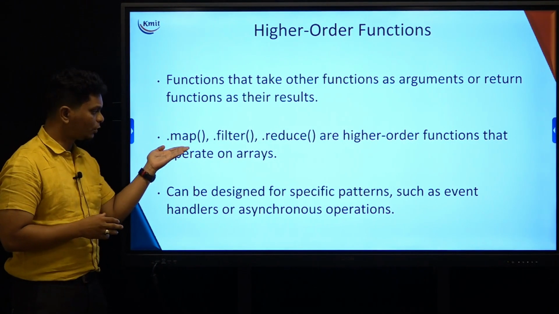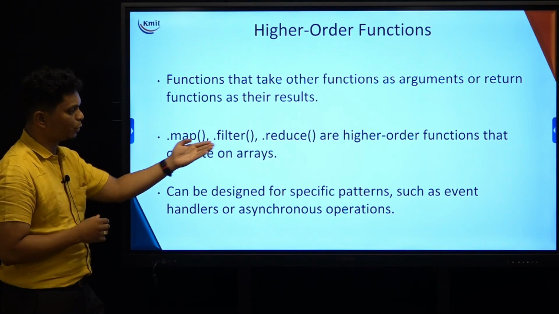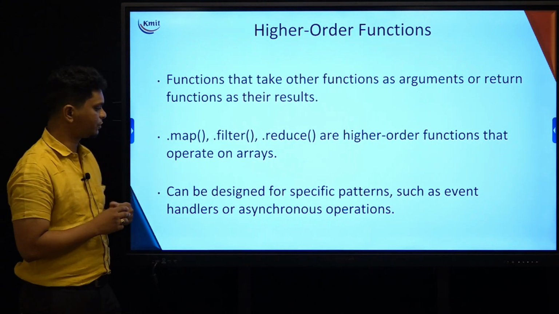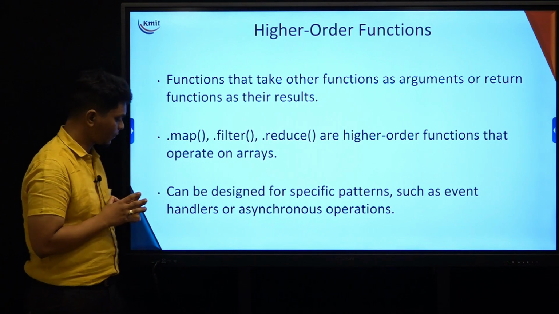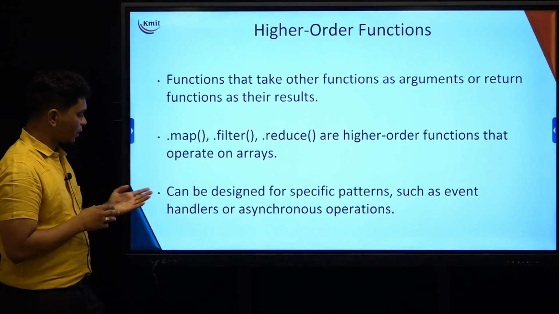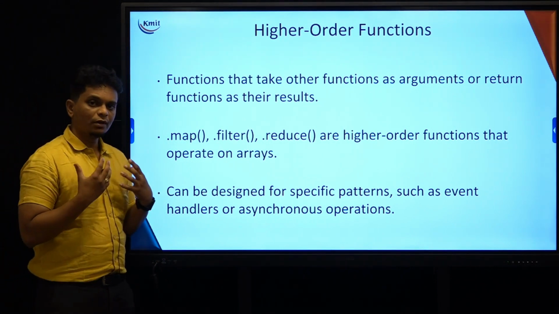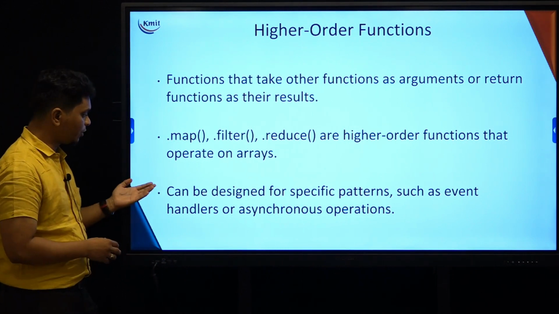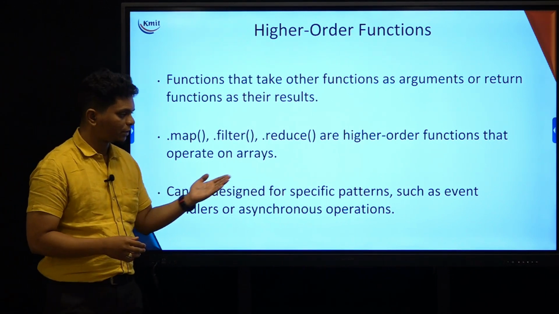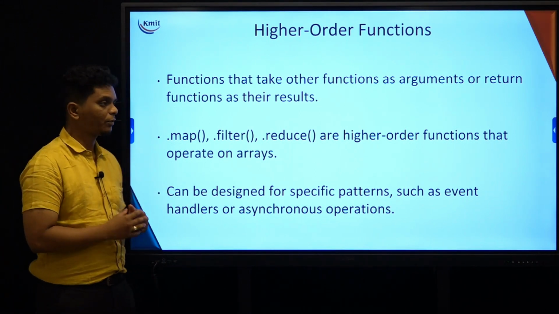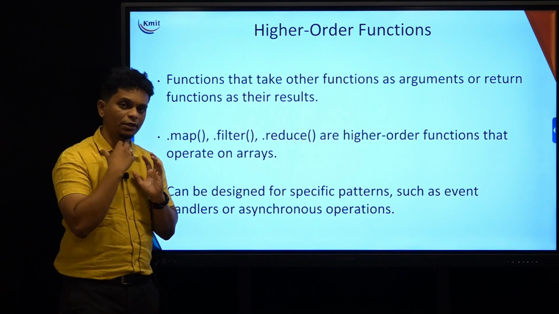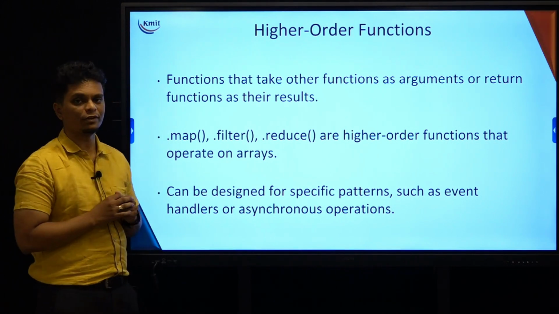For example, map, filter, reduce are higher order functions that operate on arrays. Okay. Now, where can we implement this? They can be implemented for designing specific patterns such as event handlers or asynchronous operations. Okay. The next slides deal exclusively with higher order functions.